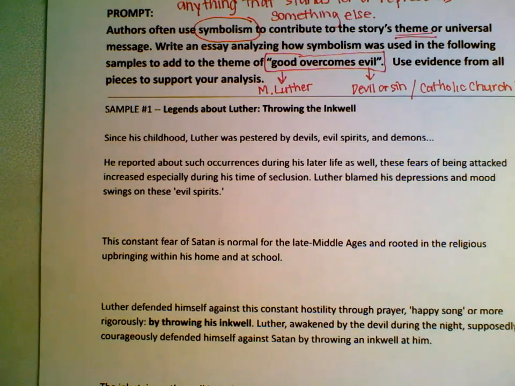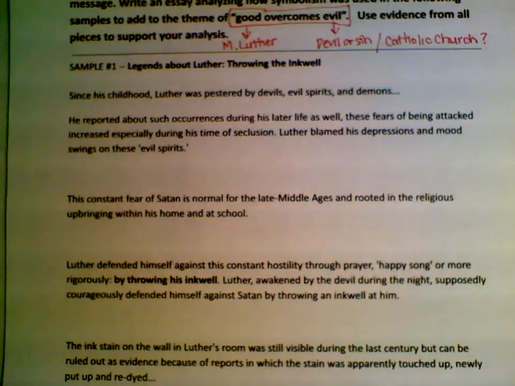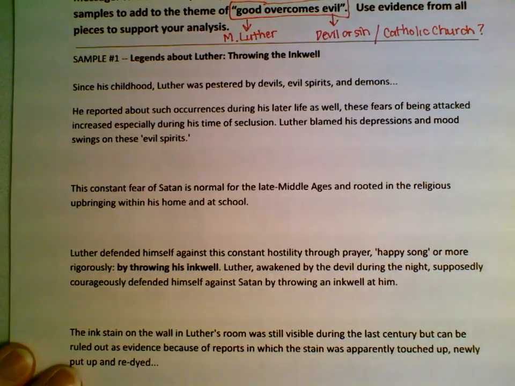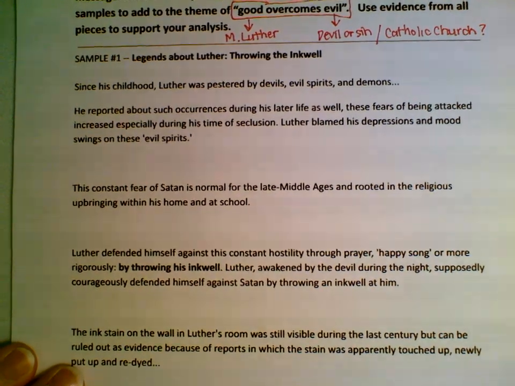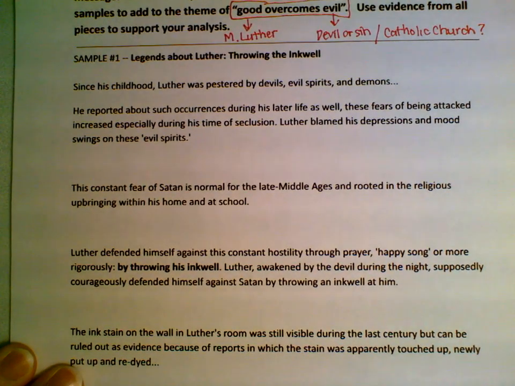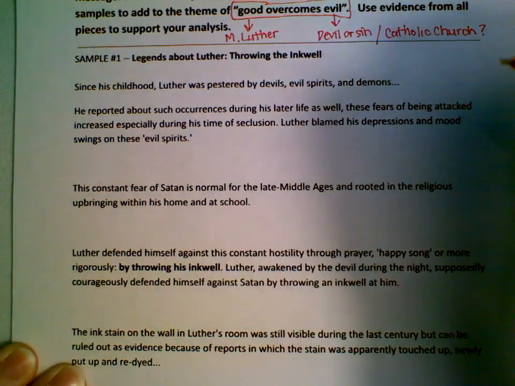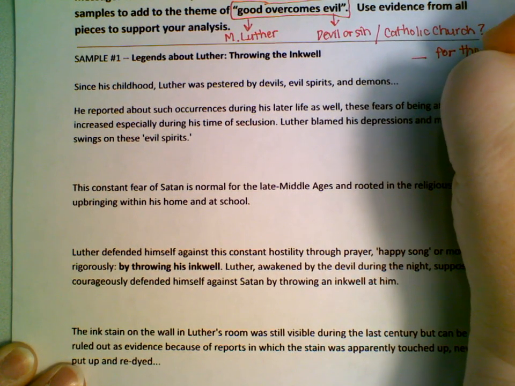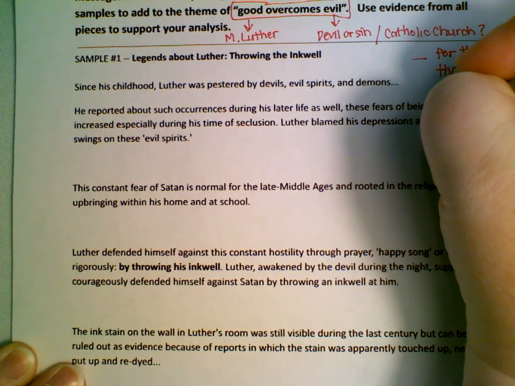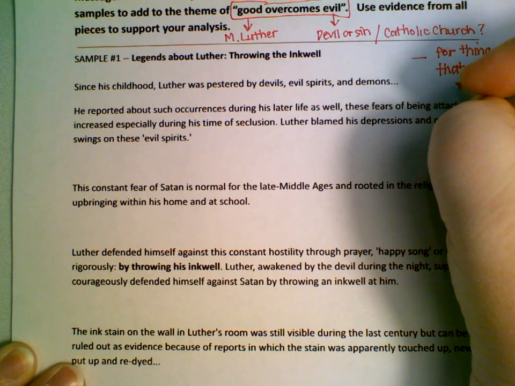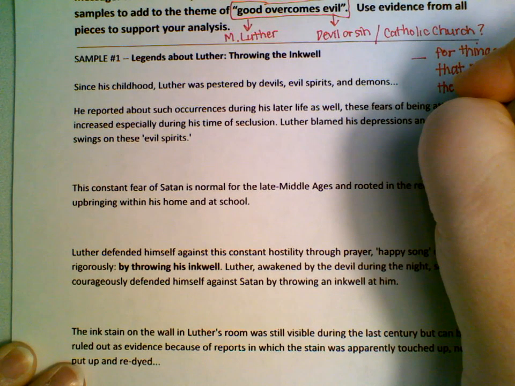See if I can get it all into frame here. Just about. Okay, there we go. Okay, so we're going to actively read these things together. And so because we're going to actively read, we're going to underline for things that represent the theme.